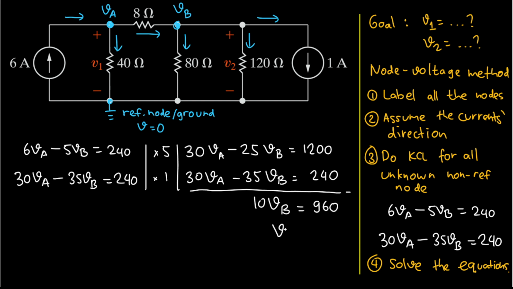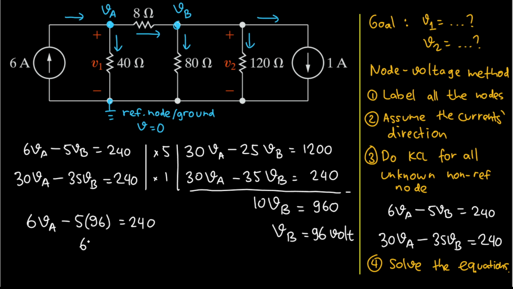So we will have VB here is 96 volts. Okay, but then we need to find out what VA is here. So we can plug this 96 into this one. So we will have 6 VA minus 5 multiplied by 96, and that will equal 240.